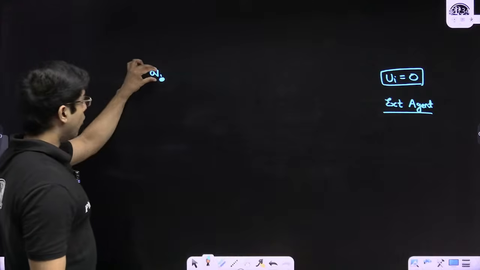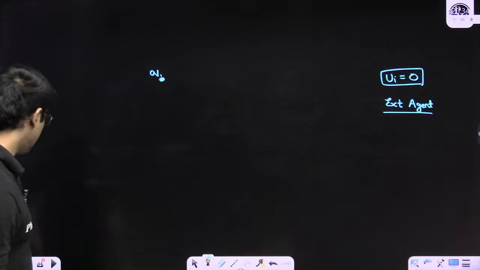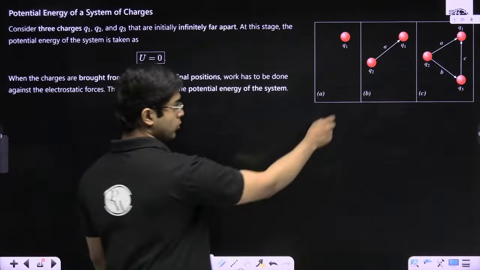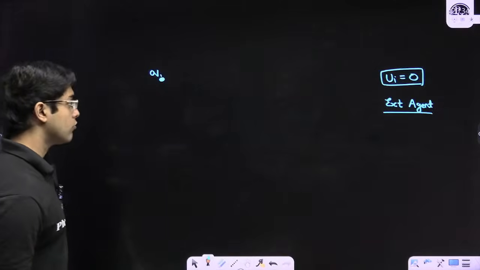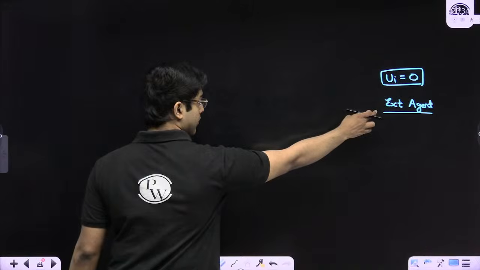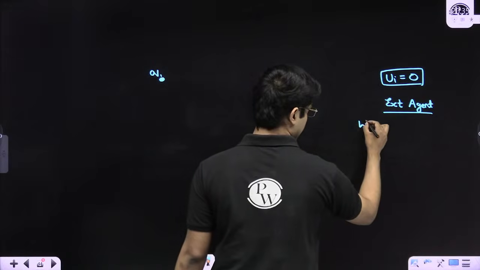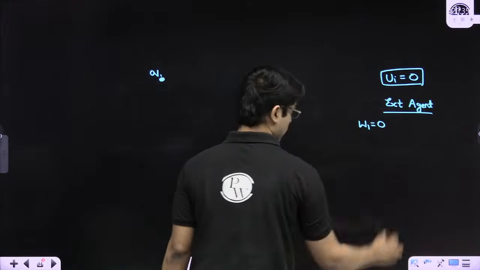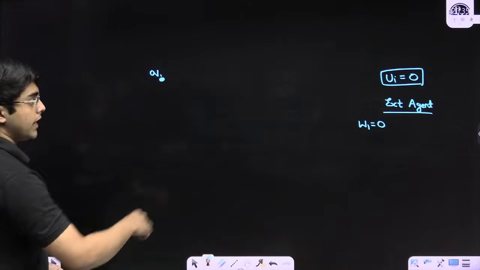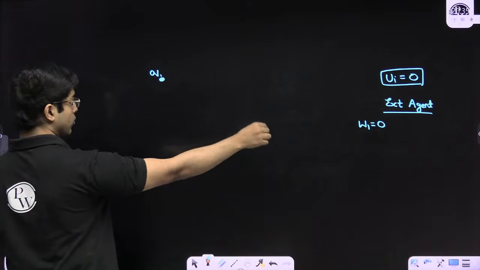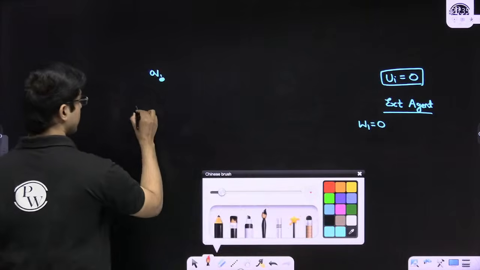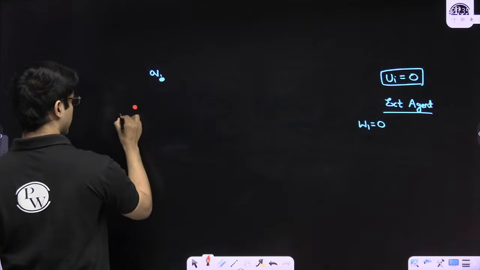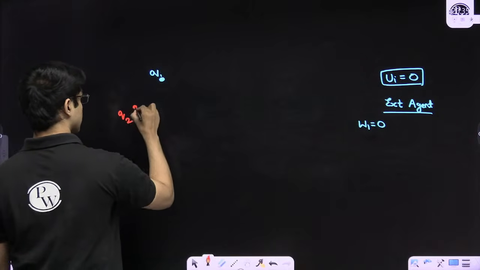Now we hold Q1 in place and bring the second charge Q2 and place it at a distance A away. For step 1, I guess it is clear, the work done will be 0. Now in step 2, the agent is bringing the second charge Q2 and placing it at a distance A from Q1. So now Q2 has entered the picture.